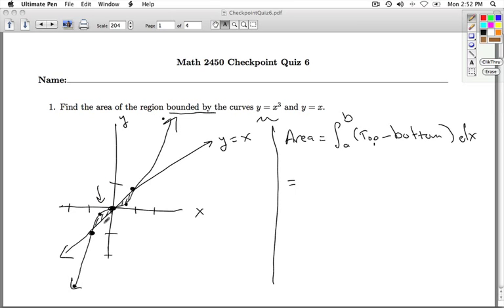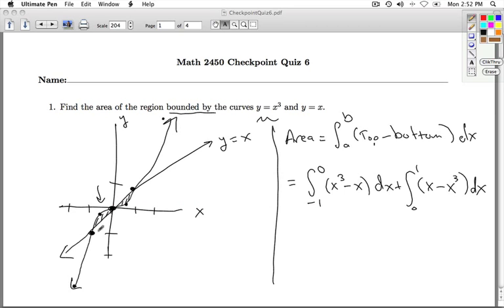In our first part, the x cubed is on top and the x is on the bottom. So that's the integral from negative 1 to 0, top minus bottom, x cubed minus x dx, plus between 0 and 1, x is on top. So it's x minus x cubed dx.